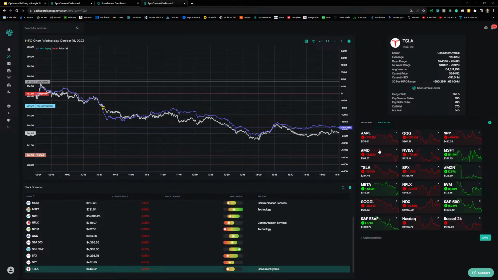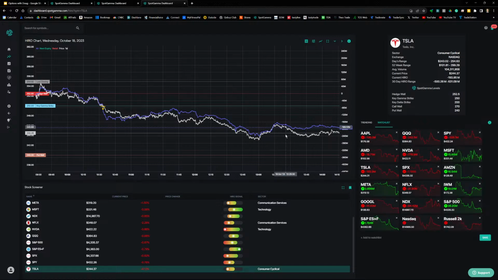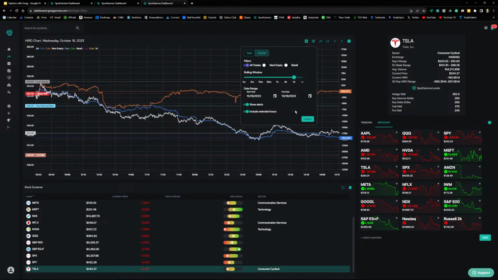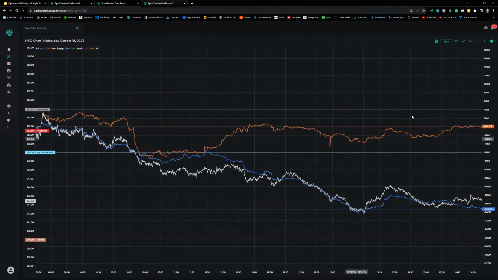So options traders definitely taking negative delta positions before earnings today. Let's see what they're doing. So they're definitely buying puts. Let's zoom in on this.